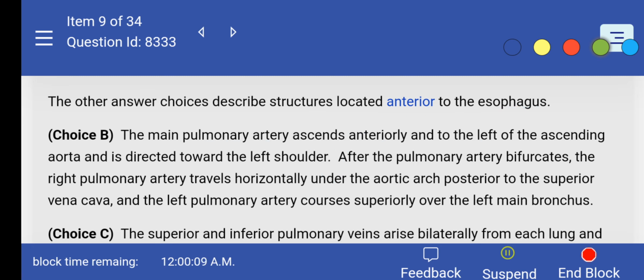After the pulmonary artery bifurcates, the right pulmonary artery travels horizontally under the aortic arch, posterior to the superior vena cava.